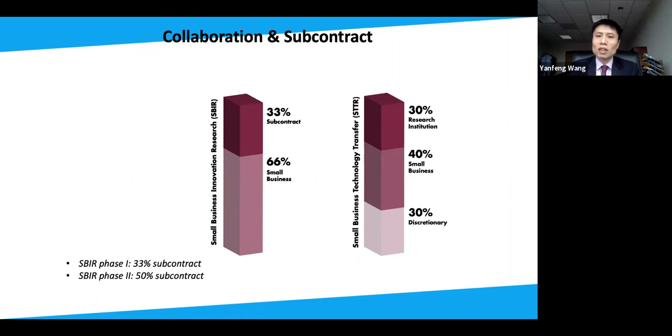In summary, for STTR, if there are only 2 parties, you and the research institute, your company can conduct as much as 40 to 70%, and then your research partner, the university, can do as much as 30 to 60%. So that gives you a lot of flexibility. Some of our audience today are researchers based in universities looking to get research funding.